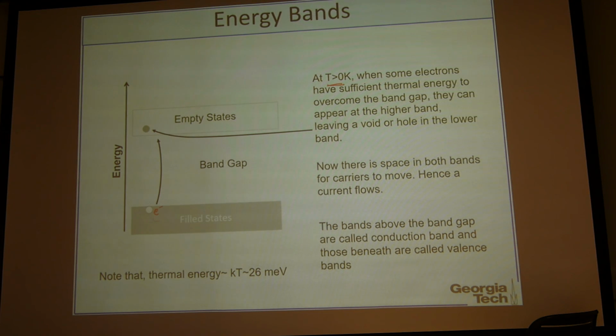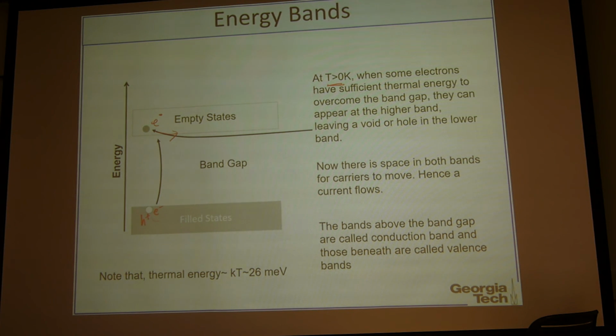Once it jumps to the empty states, it becomes a free electron because it can move anywhere, depending on the electric field. What is left behind is the hole. That's why we have electron flow at finite temperature, and why we have electron and hole. Once the electron jumps from the filled states to the empty states, you create a pair of electron and hole, and then you can have current.